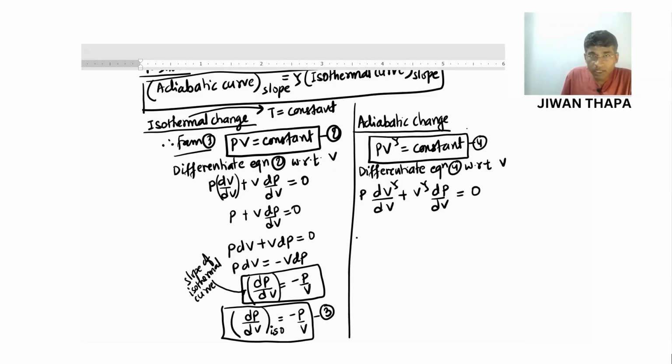So we can simply write P gamma V power gamma minus 1, okay.